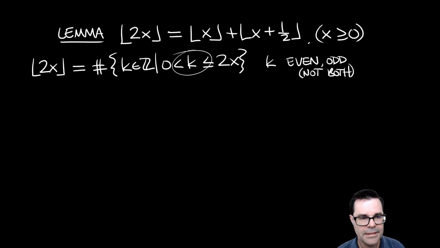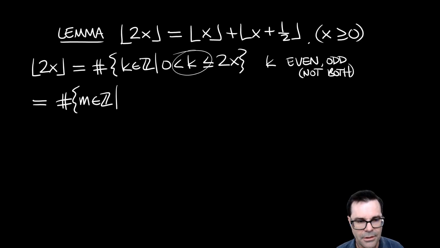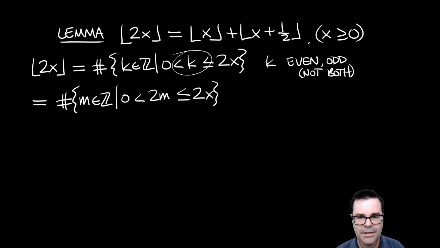So how many evens are there? Well, the number of even integers here is going to be the number of integers m such that 2m is positive and less than or equal to 2x. Because every even integer has the form 2m. And then I'm going to add to this the number of odds.